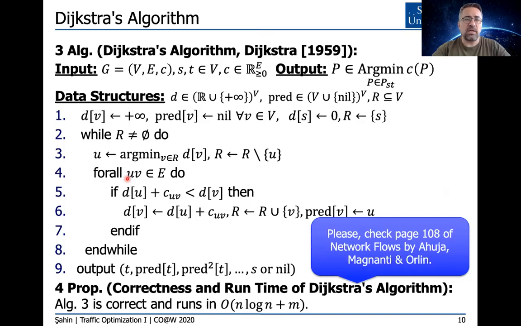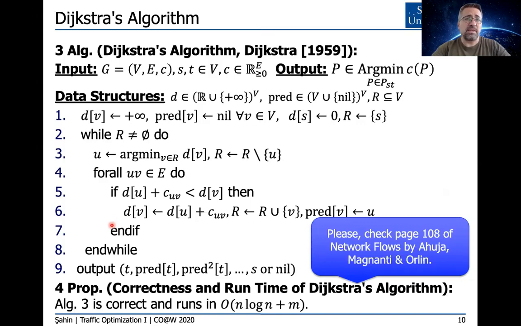And possibly, the labels of the nodes that are the heads of the scanned arcs are updated accordingly by the newly calculated distance labels. Once a node is selected and used to update some other labels, it is never selected again because it cannot have the minimum distance label. That's one of the key properties of this algorithm.